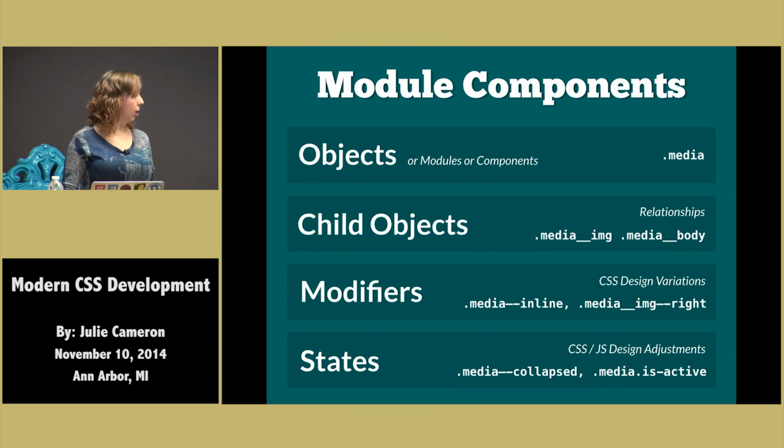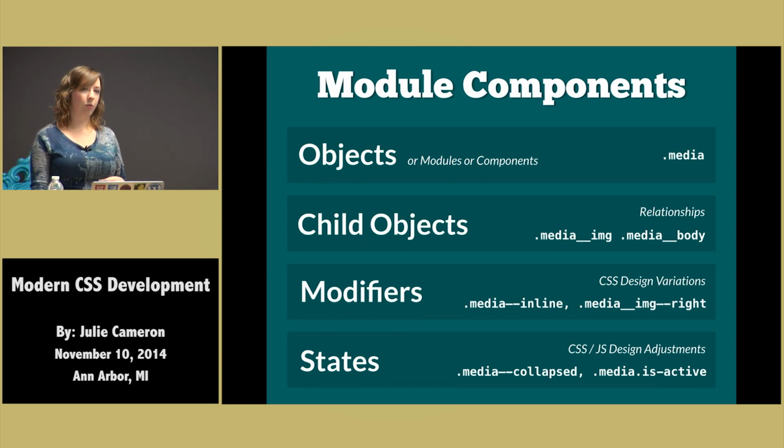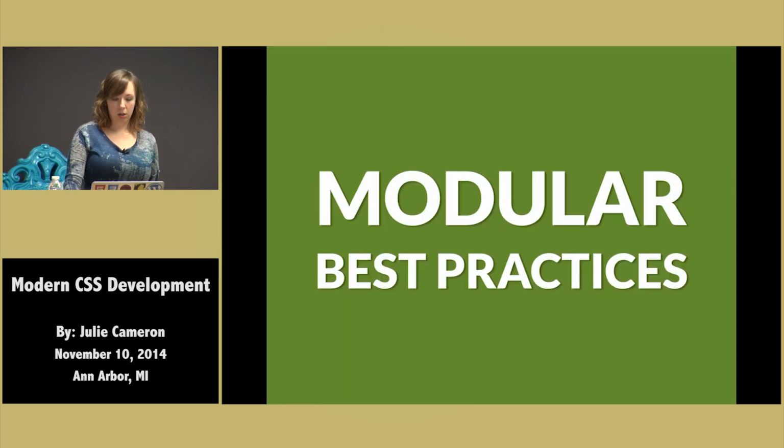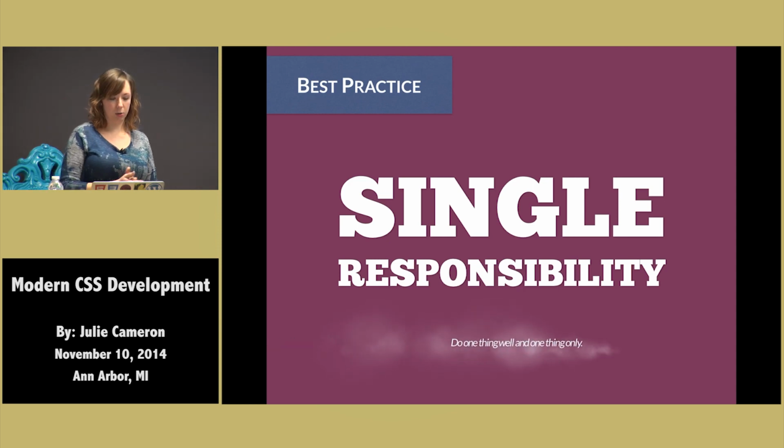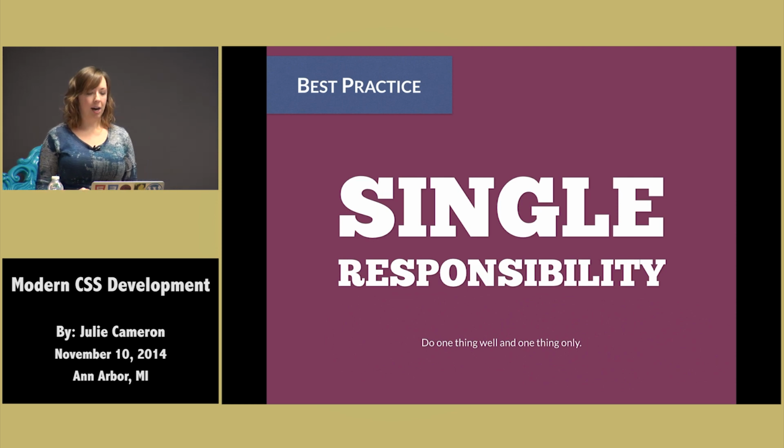All right, so I think we're probably starting to get this object thing now. But before we can really get into the code, there's a few best practices that we should at least consider. So first of all, there's this principle of single responsibility. Most modular systems embody this principle really well. Do one thing, do it well. Our object classes typically have one responsibility. And there are various sizes of this responsibility.